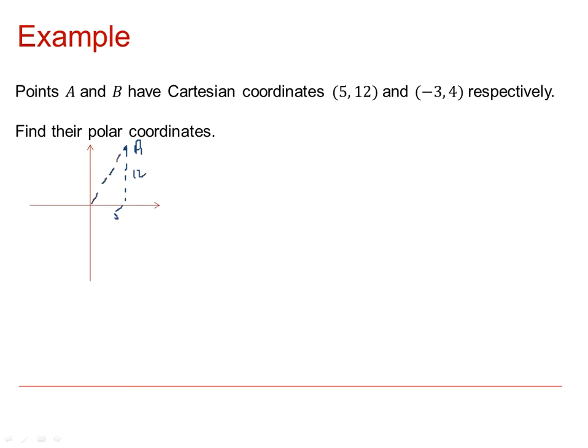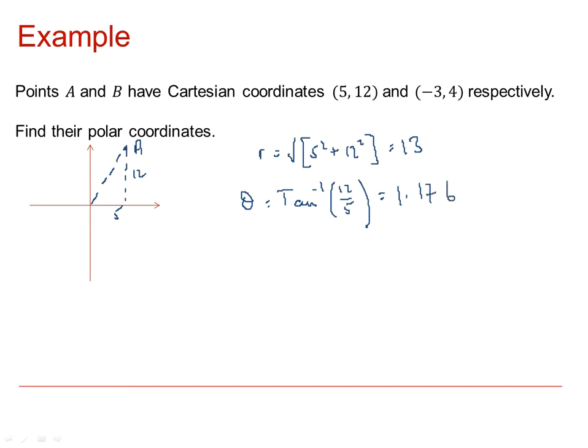So we can calculate r is equal to the square root of 5 squared plus 12 squared, which gives us a value of 13. So it's a 5, 12, 13 triangle. Theta is equal to tan to the minus 1 of 12 over 5, and that comes out to be 1.176 if you use your calculator.